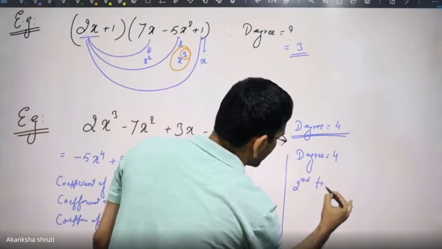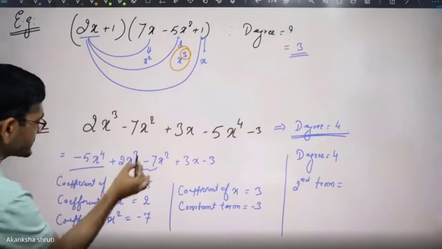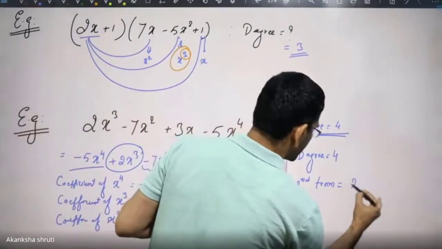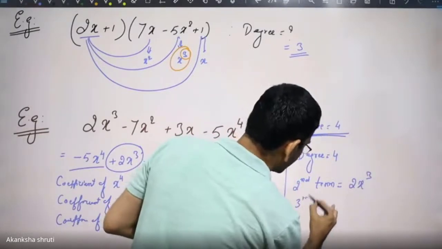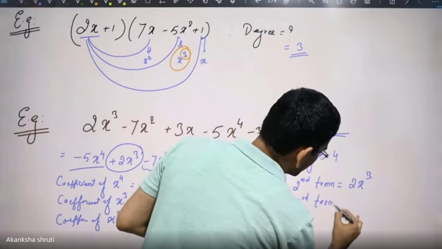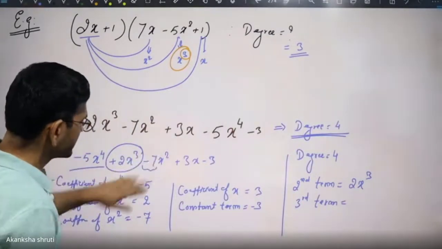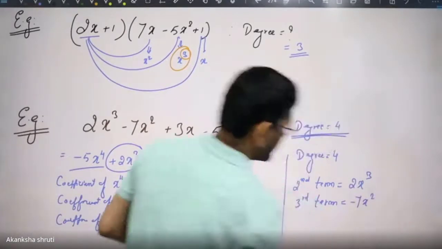If the second term is asked, keep in mind, leave this first, consider this entire one with this sign. It is our 2x cube. What is our third term? If this is asked, count ascending from this: first is over, second, third. So it is minus 7x square.